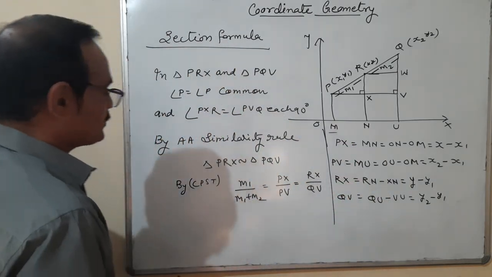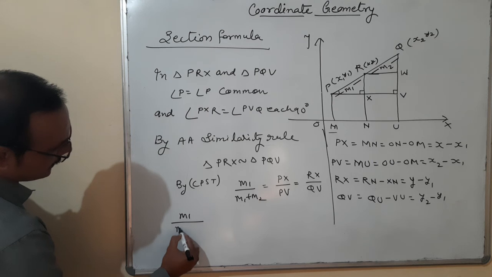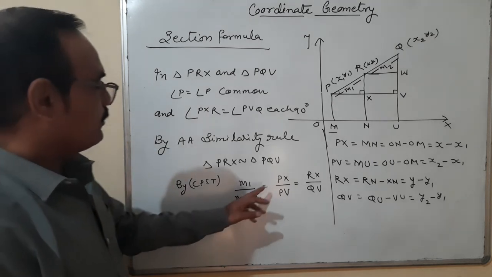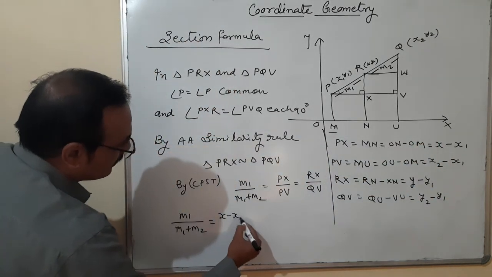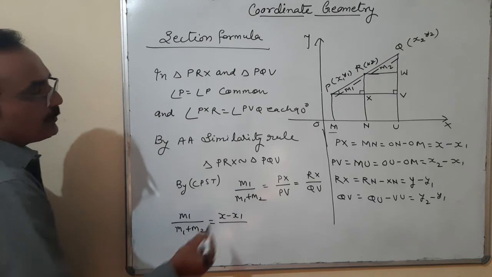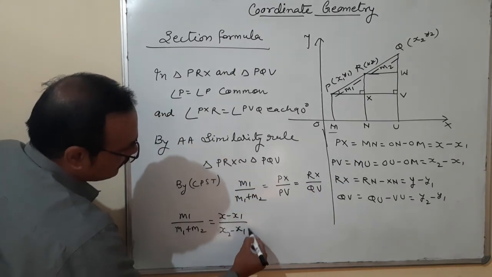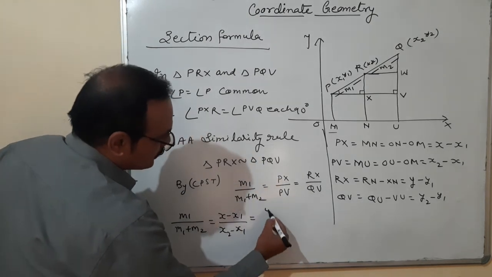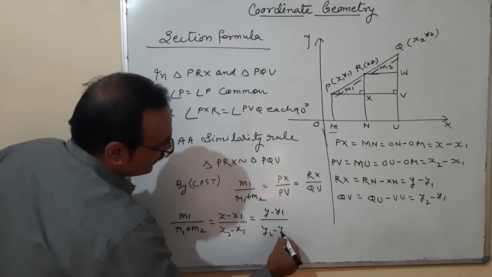These values I am going to substitute here. M1 upon M1 plus M2 is equal to PX, x minus x1, upon PV, x2 minus x1, is equal to RX, y minus y1, upon y2 minus y1.